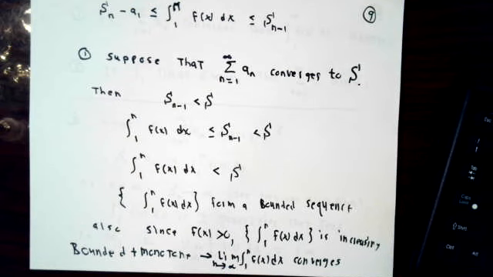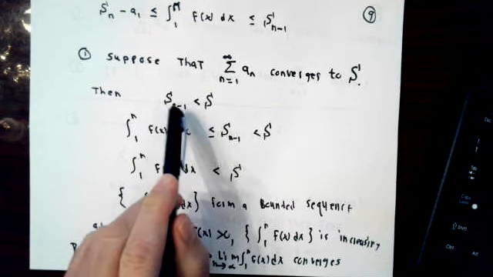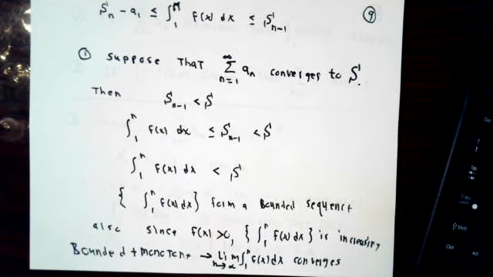Because all of our terms are positive, every partial sum for the A series is smaller than S. We just figured that out a minute ago.